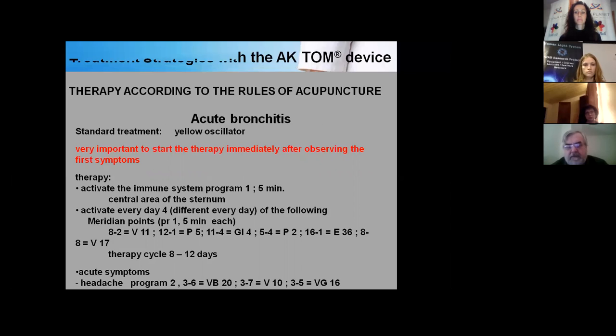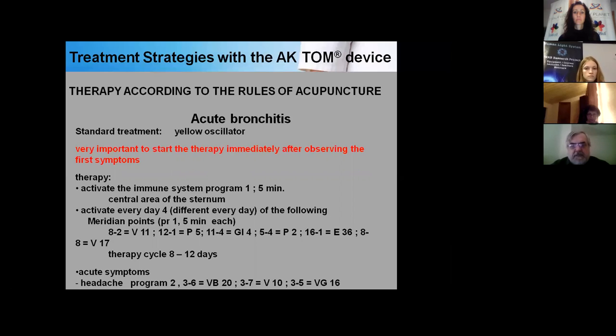Another problem you often meet with the respiratory system is acute bronchitis. Again, the starting therapy is the same, to lower the stress level and to raise the immune system, which you support in successfully fighting against the infections.